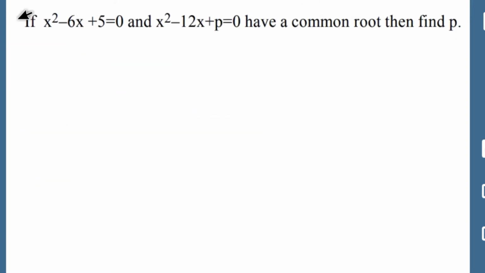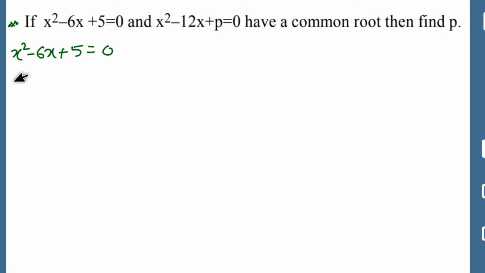Next question. This is also a very important question. If these two quadratic equations have a common root, find the value of p. So first observe this one. What is the given equation? X square minus 6x plus 5 equals 0. First of all, factorize this one. 1 into 5 is 5, product should be 5, addition minus 6.